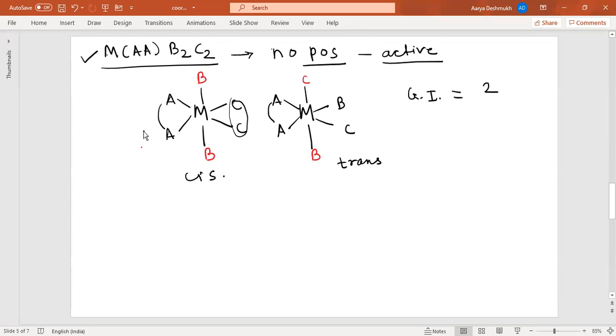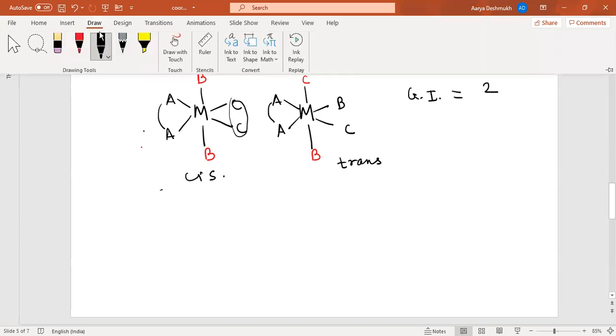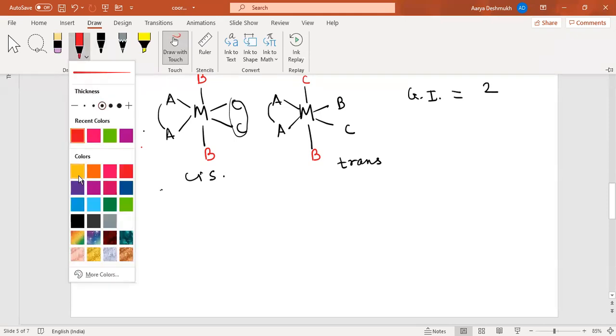Or you can write the combination also, as we used to do for unidentate ligands. We always look for the opposite ligands whenever we write the combination.